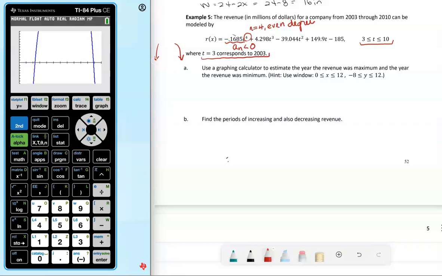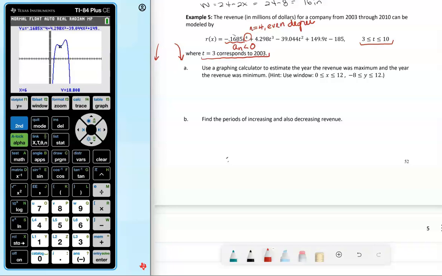We have the end behavior showing up, but let me do a zoom out, number 3, and hit enter. There's a nice view of our function right there. So this window helped me see the end behavior, but I had to zoom out further to see this guy turning left and right. I'm going to hit trace.